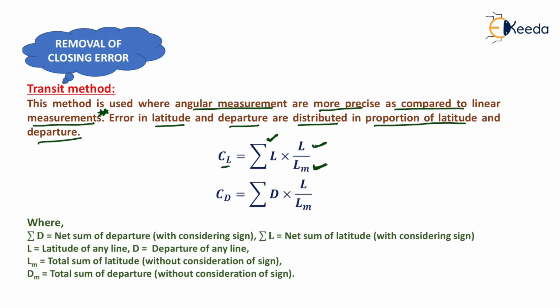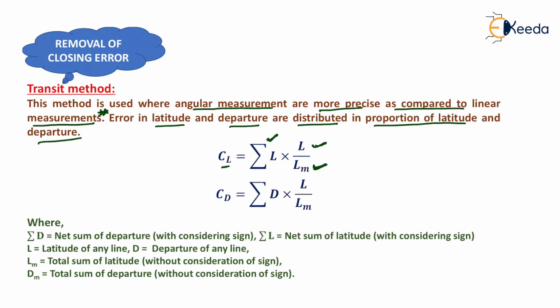Here we have to not consider the negative or positive sign. We have to add all the values in LM. But in summation L, we have to consider the sign of every latitude of every side, that is negative as well as positive, and we will determine the value of net latitude, that is summation L.